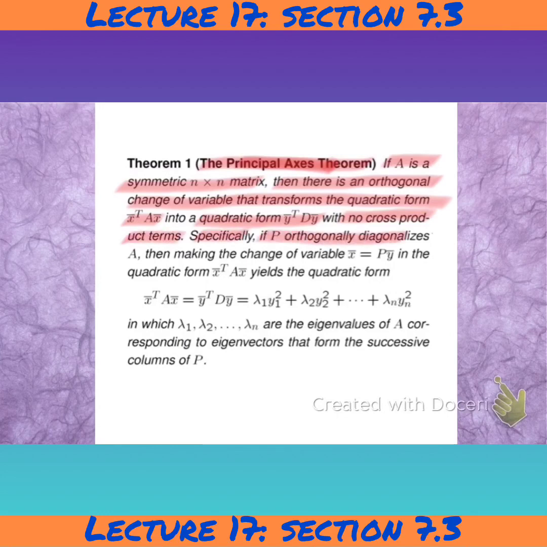Specifically, if P orthogonally diagonalizes A, then making the change of variable in the quadratic form yields this new quadratic form, where these lambdas are the eigenvalues of A corresponding to the vectors that form the successive columns of P.